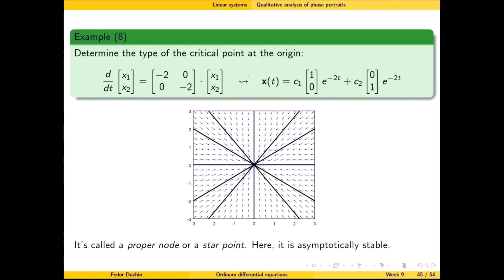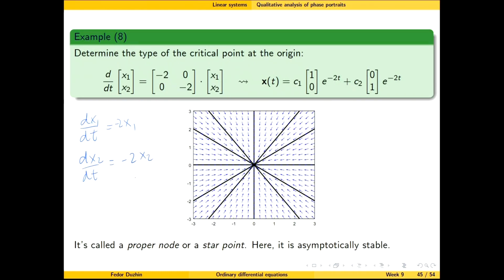So one more example. In this case, notice that the matrix is diagonalizable, but the eigenvalues are equal, which actually means that it's pretty simple. Essentially, notice that our system of differential equations is not a true system, it's just two individual equations: dx1/dt equals minus 2x1, and dx2/dt equals minus 2x2.